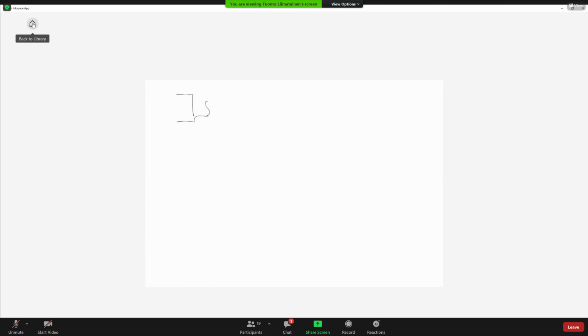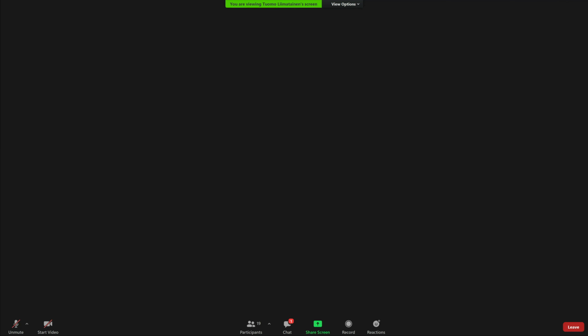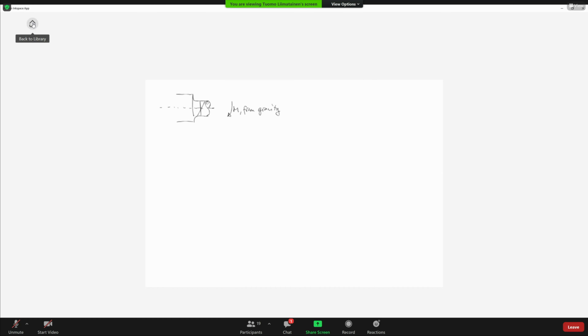So here is the shaft, like that. Okay, and you know that if we have gravity bending, it will mean that we have a stress distribution like this, right?